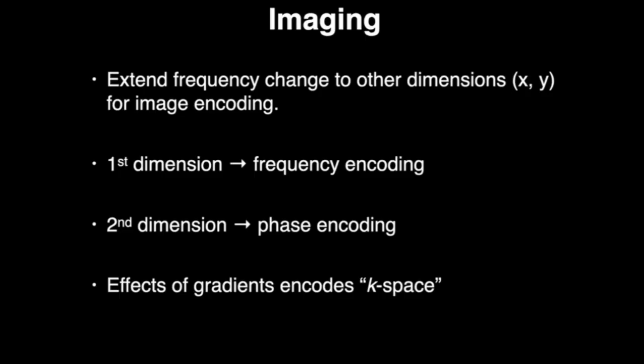We refer to it as K-space. And it's essentially this Fourier space in which all these frequencies are kind of adding up and overlapping. And then we take that K-space, we put it through a Fourier analysis, and we get our image space.